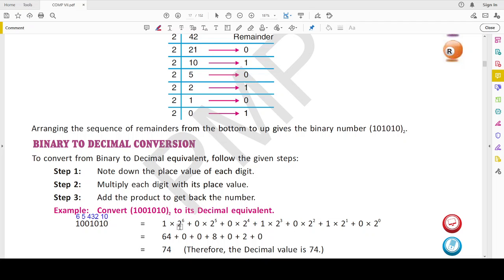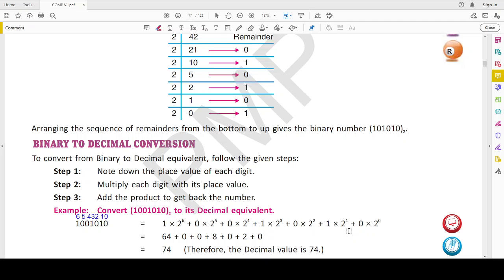So 2 to the power 6 into 1. See, where are the ones? Ones are in the places 2 to the power 6, 2 to the power 3, 2 to the power 1.